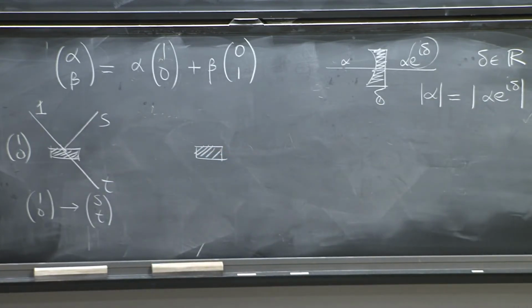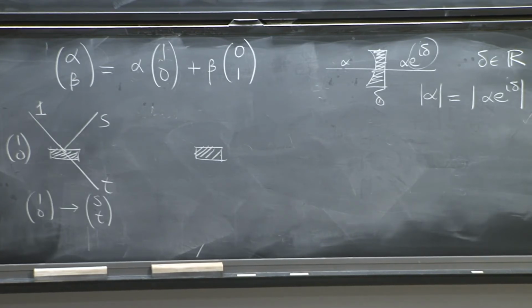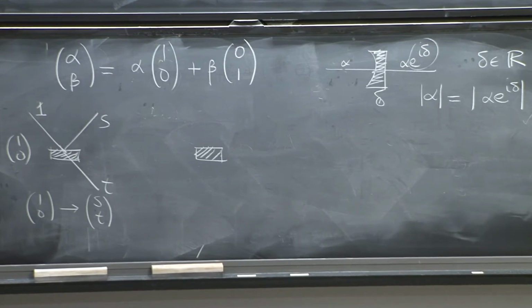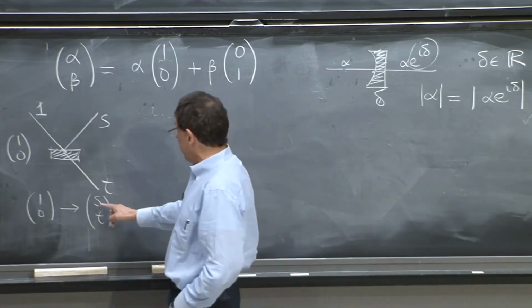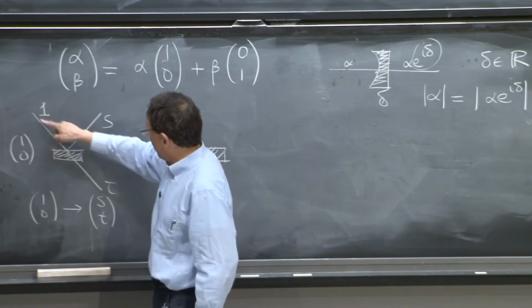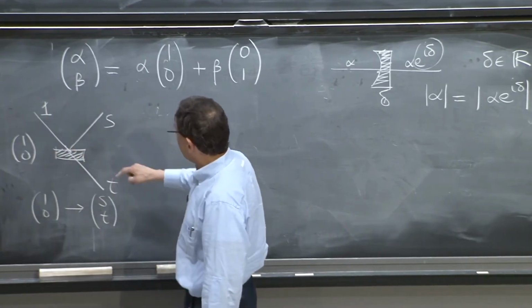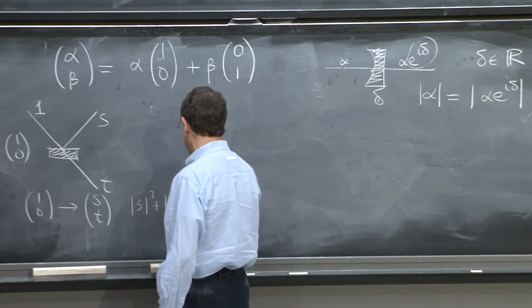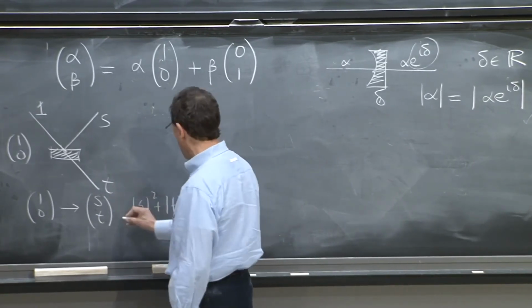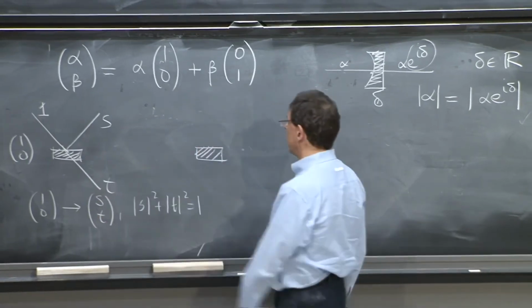You can ask the engineer what are S and T for the beam splitter, but we are going to figure out what are the constraints, because no engineer would be able to make a beam splitter with arbitrary S and T. In particular, you already see that if a photon comes in, probability conservation, there must still be a photon. You need that S squared plus T squared is equal to 1, because that's a photon state.